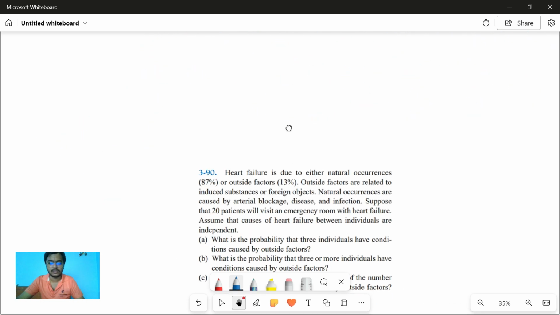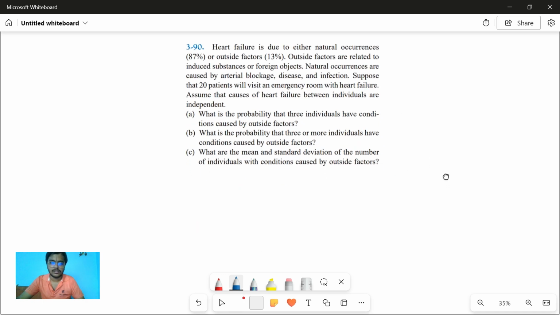Now we'll go to the last question. Heart failure is due to either natural occurrences, 87%, or outside factors, 13%. So that p value you can take as 87%, which is 0.87. Now instead of 1 minus 0.87, they themselves have given other factors as 13%, which is q. Now I'll tell you what is the catch here.